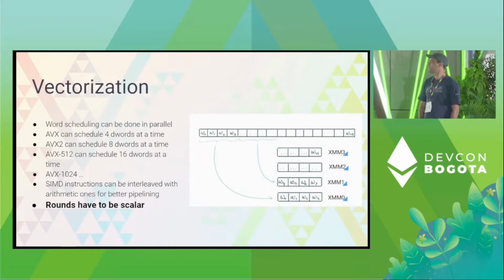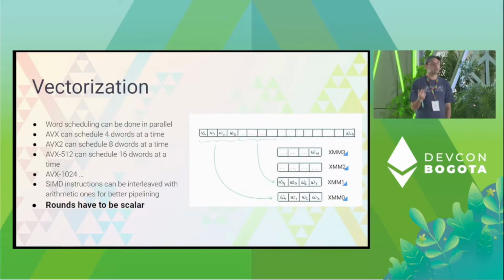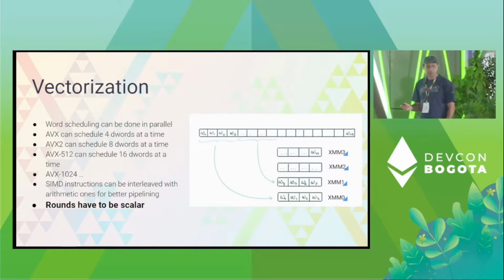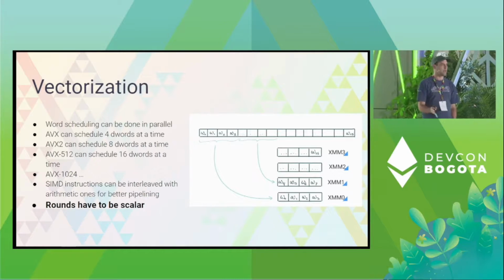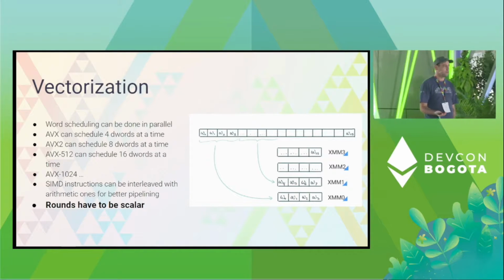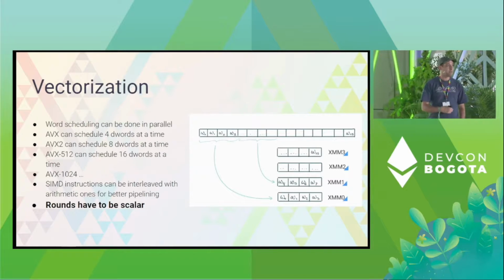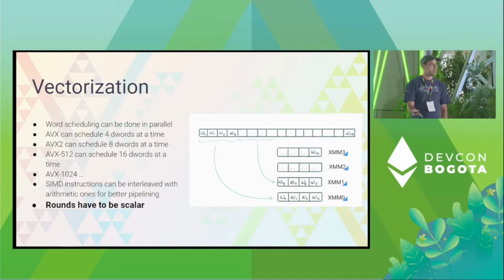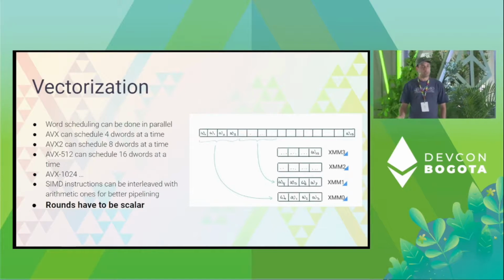All right. So vectorization is the main topic of this talk. The first thing to notice is that you're not going to beat any of the hashers out there. Every implementation that I've reviewed before I got into this, and I'm not an expert at all on this, I come from a completely different subject, is equivalent to Intel's original white paper on this, and it's equivalent to what OpenSSL, for example, does.